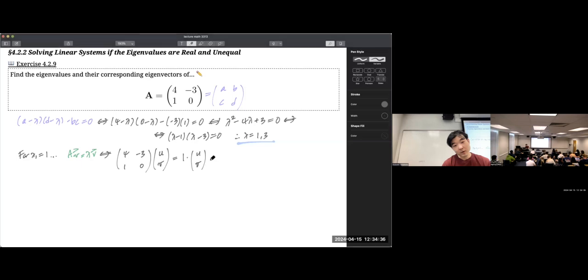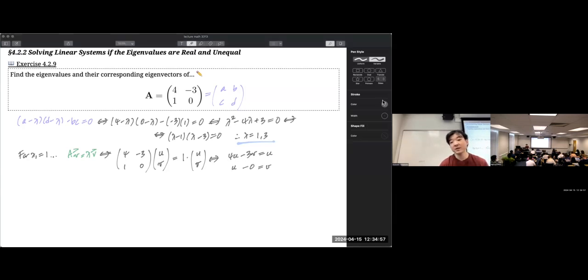And then let's translate this to 4u minus 3v equals u, because this is 1 times u. And then the last one, u minus 0 is equal to v.